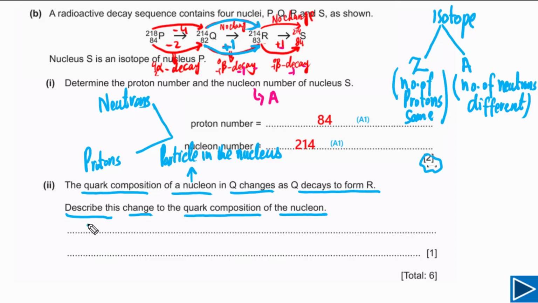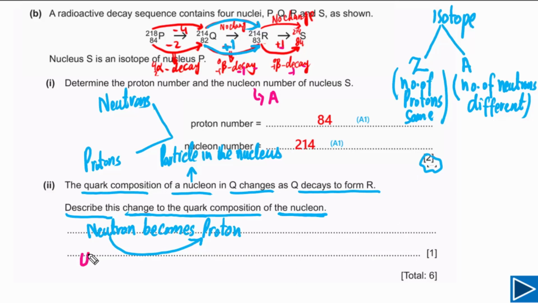So simply from here we can write down, in this case, one neutron becomes proton because number of neutrons decreases by 1 and number of protons increases by 1. So this is the first thing we need to understand. Now question is asking us, we need to describe this change to the quark composition of the nucleon. So in this case, nucleon, neutron changes to proton. We need to describe the change to the quark composition.